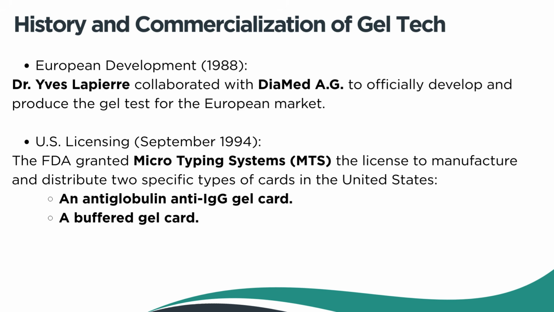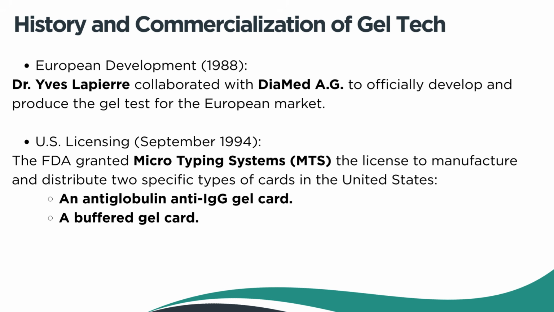So next, we'll move across the Atlantic to the US. Here, licensing in the US. Licensing milestone in September 1994. The FDA approved Micro Typing Systems, MTS, to manufacture and distribute two types of gel cards: an antiglobulin anti-IgG gel card and a buffered gel card.